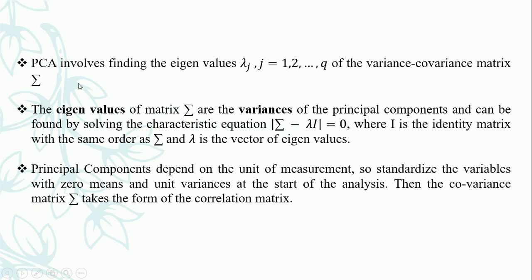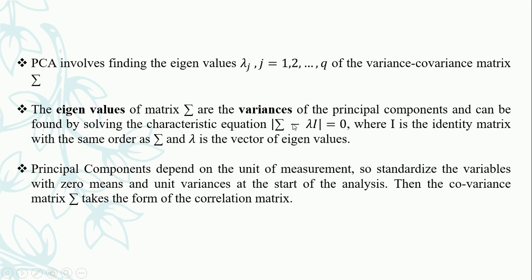Okay, so next, PCA involves finding the eigenvalues lambda j's, where j runs from 1 to q, of the variance covariance matrix, which is denoted by sigma. The eigenvalues of the matrix are the variances of the principal components, and can be found by solving the characteristic equation.